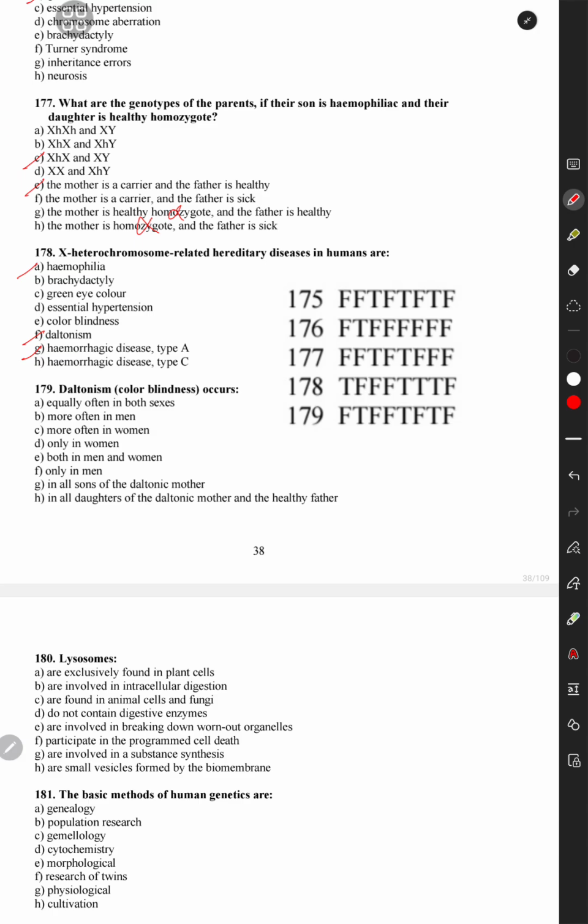True, false, false, true, true, true. True, false, false, false. True, true, true.